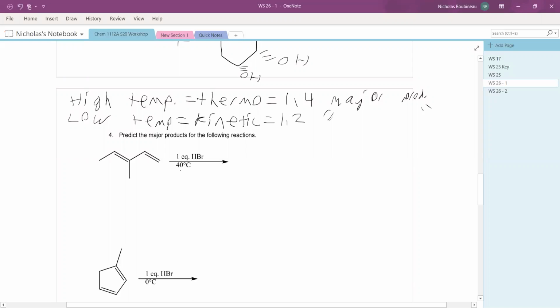So for his first reaction, what control is it going to be under? Thermodynamic or kinetic control? The temperature is 40 degrees Celsius. Thermo, yes, because this is high temperature. For context, you probably are going to see 40 degrees or 0 degrees, and 40 is higher than 0.